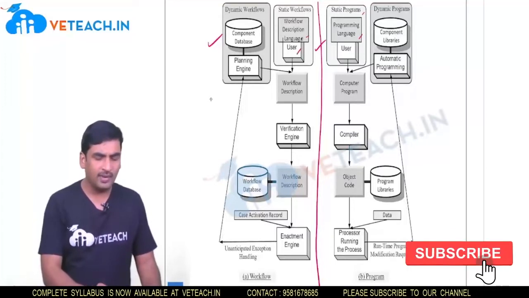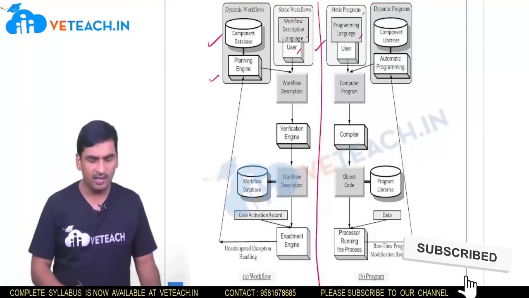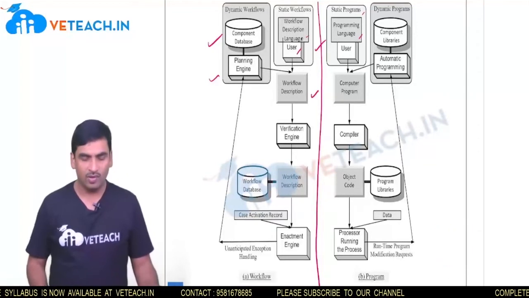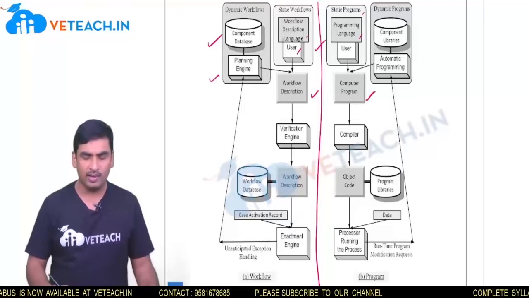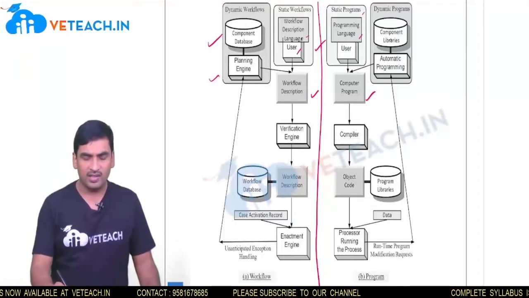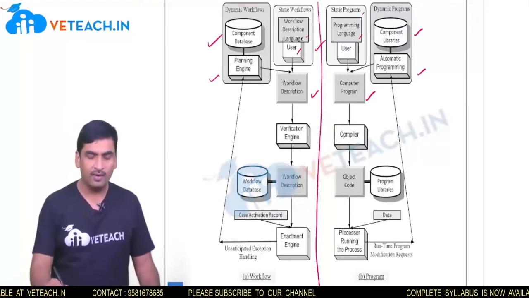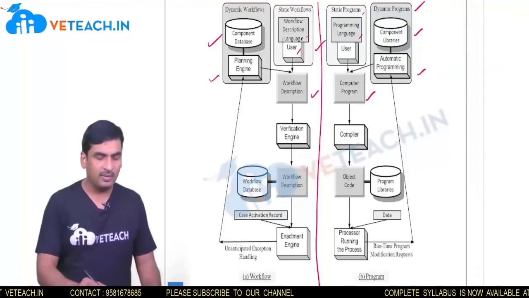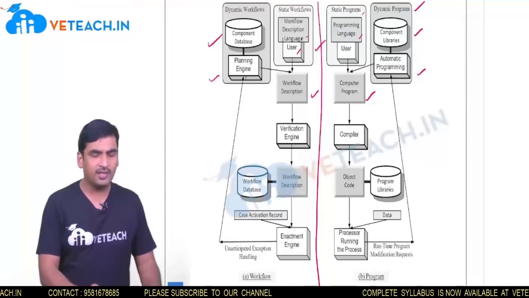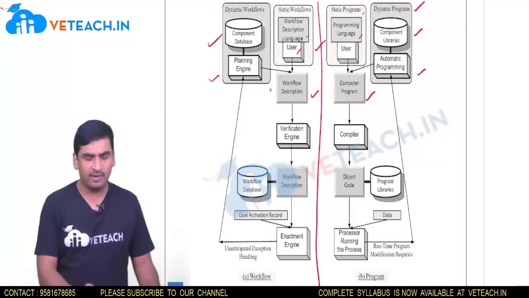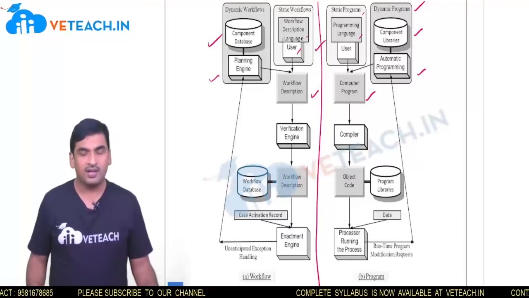The component database will have a planning engine which describes the workflows. The programs are described by computer programs, which use the component libraries and sometimes automatic programming for dynamic programs. Dynamic workflows come from the component databases, and the planning engine generates them in the form of workflow description.